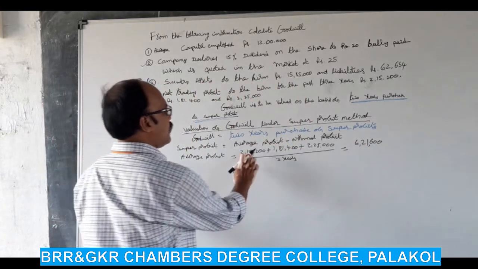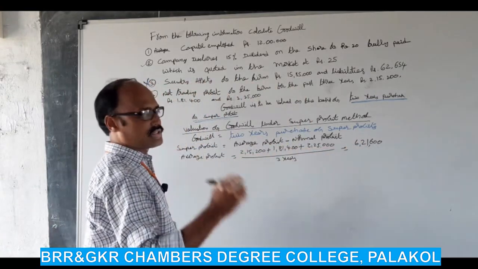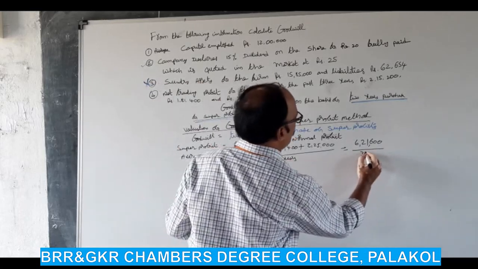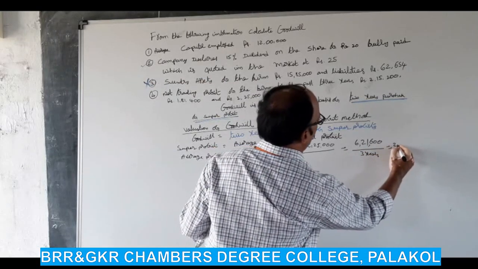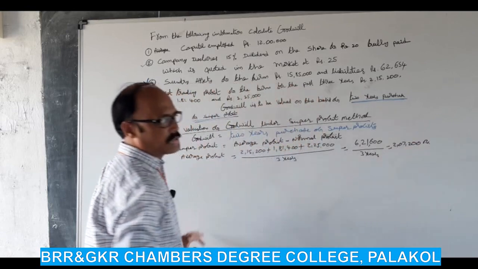The total of 3 years profits is 6,21,600 divided by 3. Then 2,07,200 rupees is to be treated as the average profit.